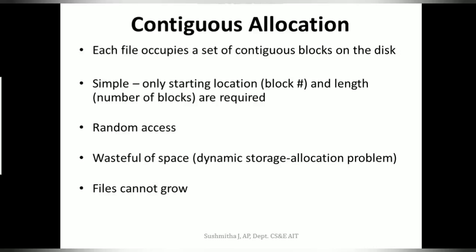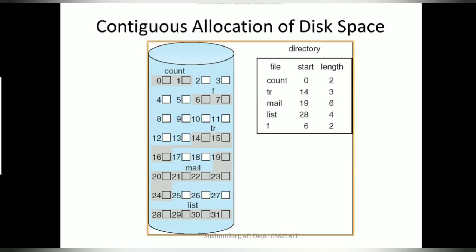Here it requires that each file occupy a set of contiguous blocks on the disk. Accessing a file is very easy because it only needs the starting location and the length of blocks.